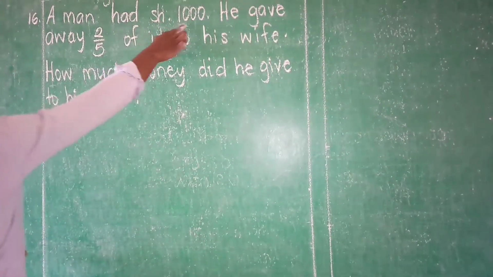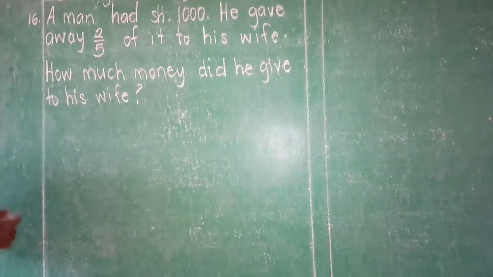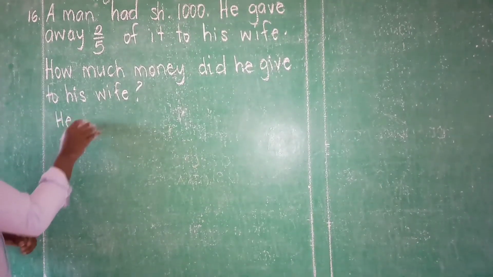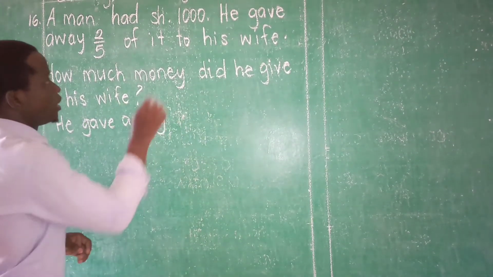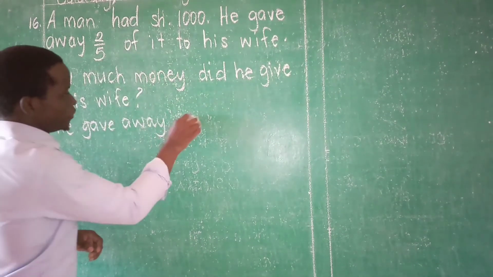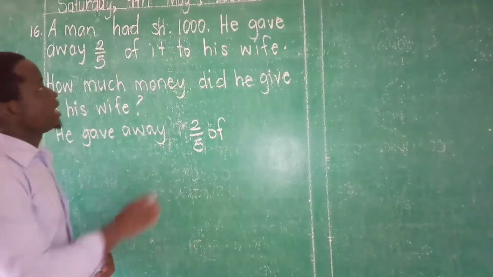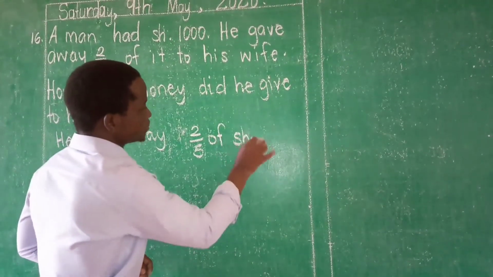He had 1,000 shillings and he gave away a fraction. So we say he gave away 2/5, 2 out of 5 of the money he had, which is 1,000 shillings.